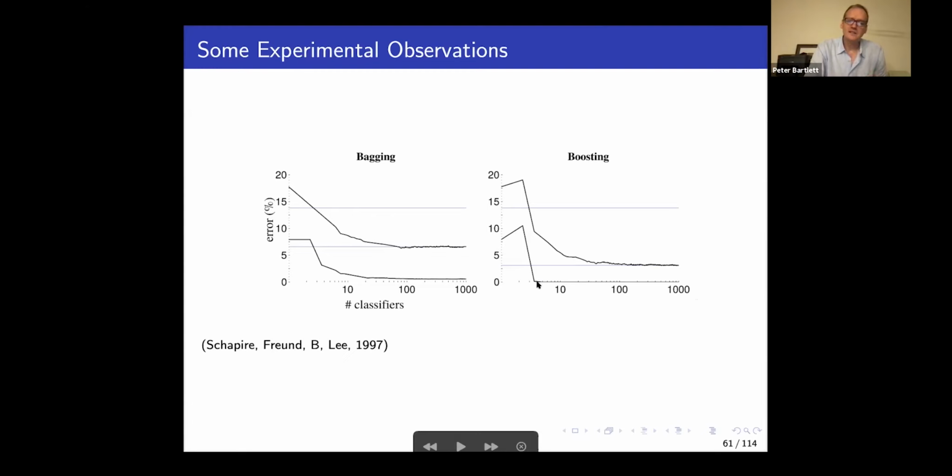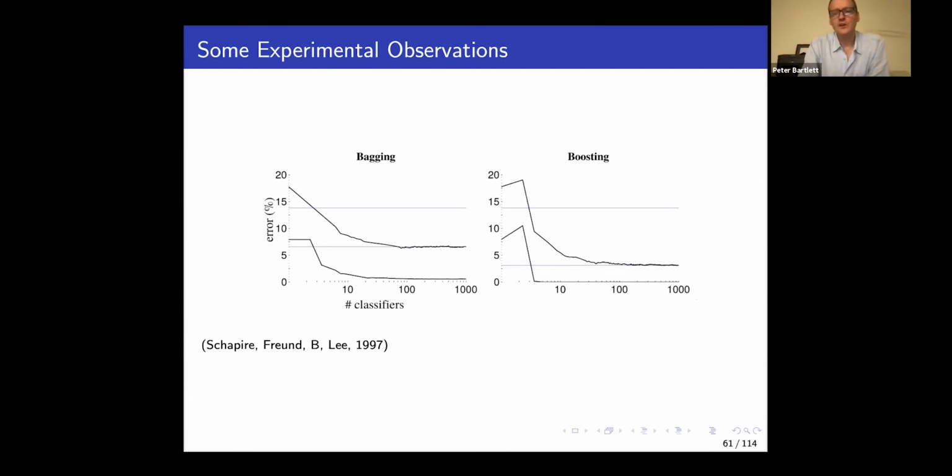And even if it's not, the performance on the training sample, the empirical risk, is stuck at zero. You've done the best possible on the sample. You're correctly classifying everything, and yet the performance on the test is actually improving. Similar thing in the bagging case.